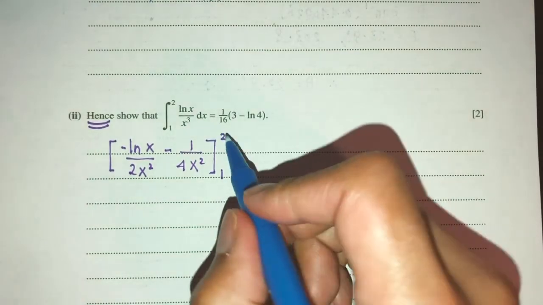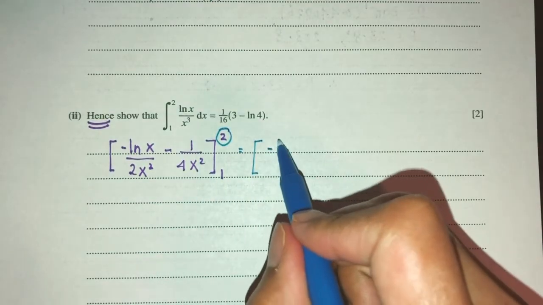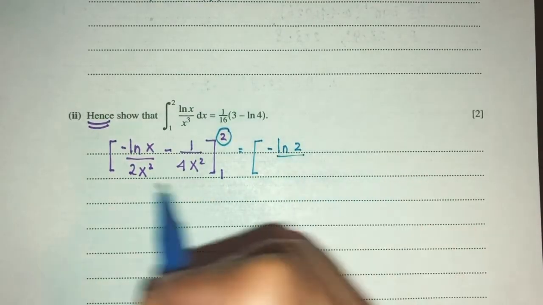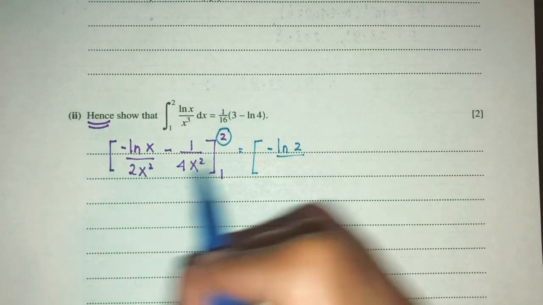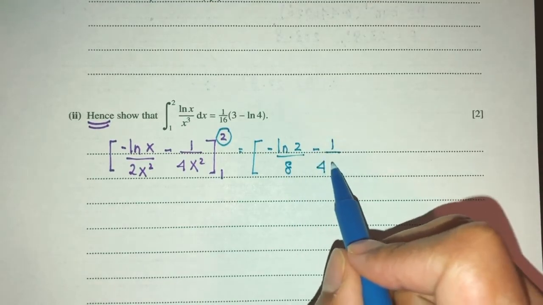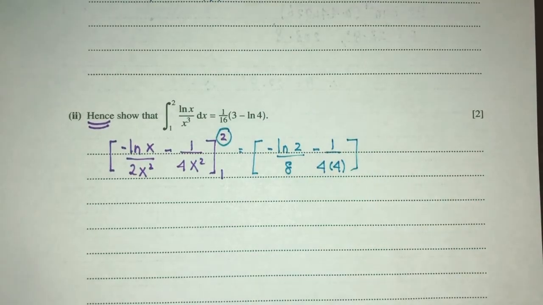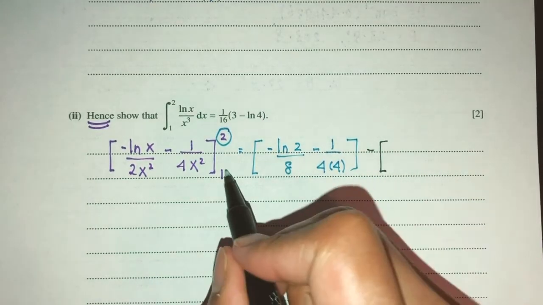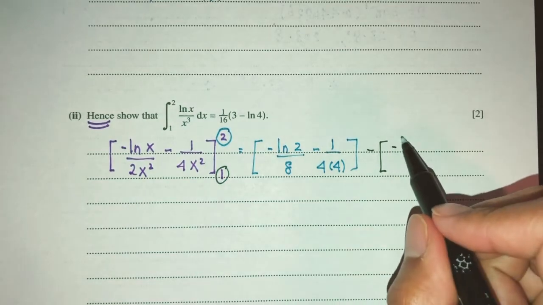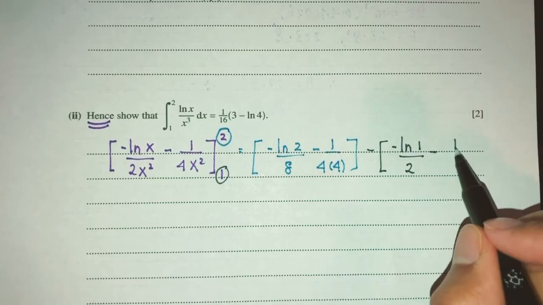So first we have to replace the values by 2. So first one will be minus ln of 2 divided by 2 times 2 squared is 8, minus 1 over 4 times 4, that's the first one, and then minus, take the values of x to be 1, minus ln of 1 over 2 minus 1 over 4.